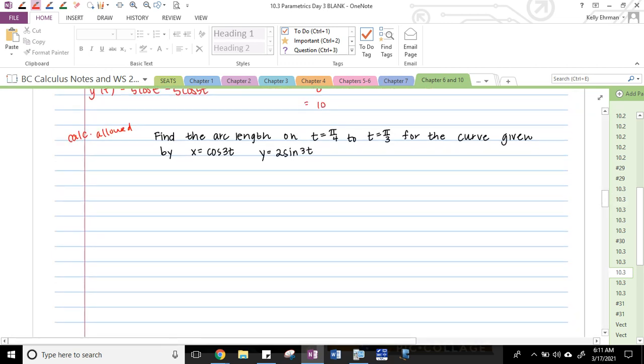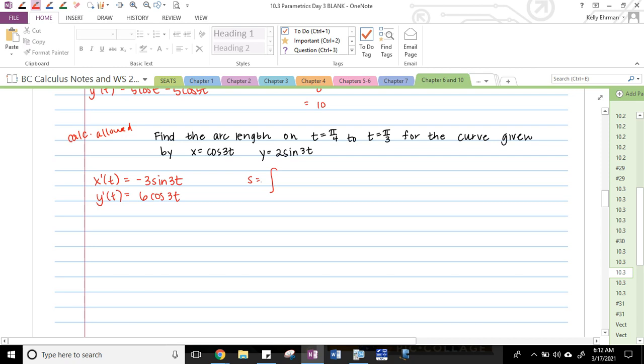Find the arc length on the interval pi/4 to pi/3 for the curve given by this. So same thing, I would just show x prime of t is going to be negative 3 sine of 3t, and y prime of t is going to be 6 cosine of 3t. Maybe on this one I will show what the values are squared, just because it's easy.